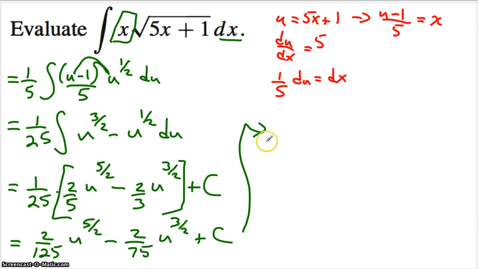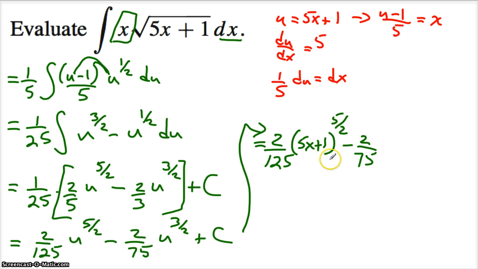And finally, we need to reintroduce x. So this becomes 2 over 1/25 times 5x plus 1 to the 5/2, minus 2 over 75 times 5x plus 1 to the 3/2, and plus c. So there you have your antiderivative.